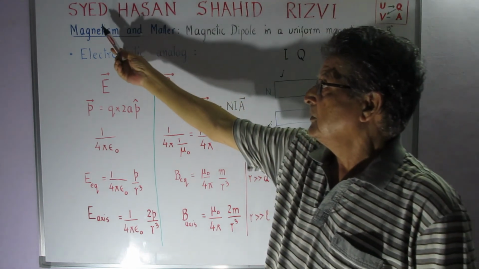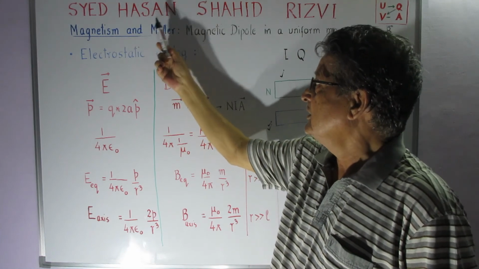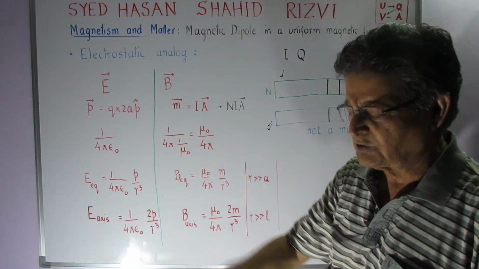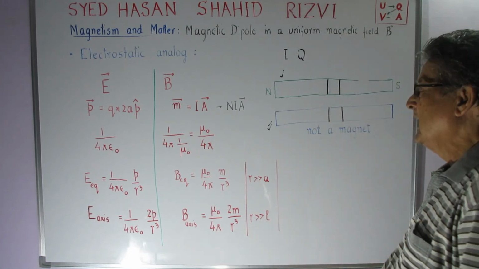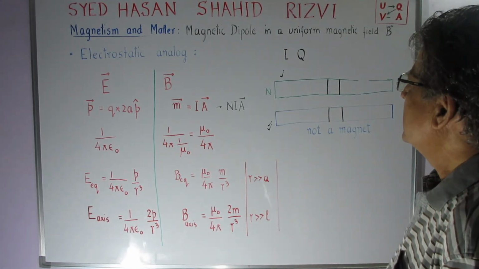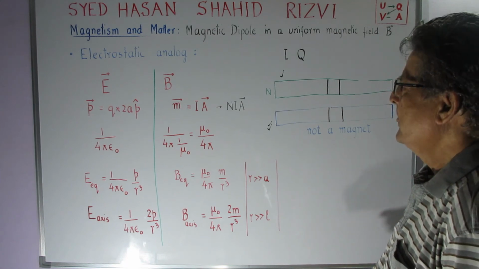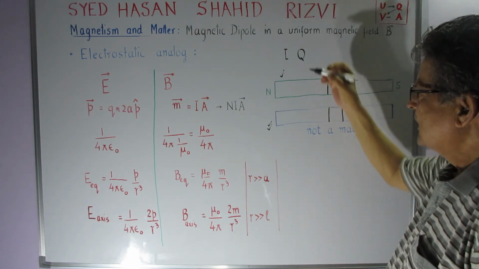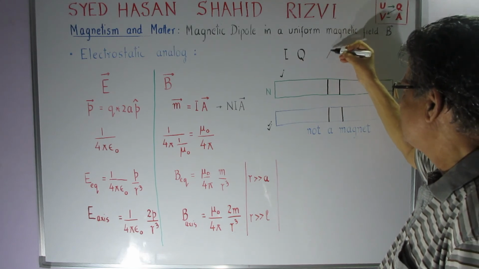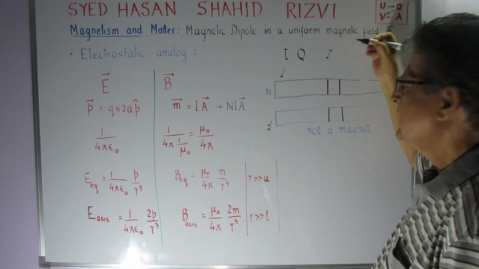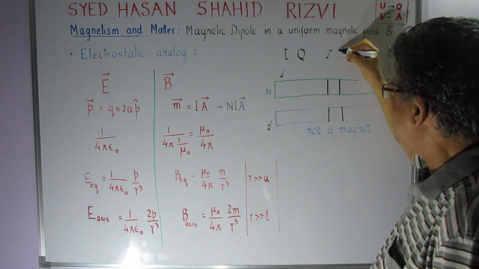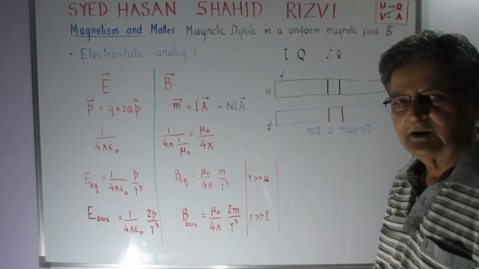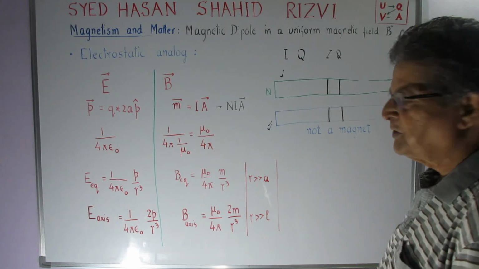People remember me with Syed, with Hasan, with Shahid, and also with Rizvi. And I have a surname also, I mean, alias also. So he used to say that it will not come into your understanding, your I is crooked and your Q is dented. So I tedha, Q pichka.